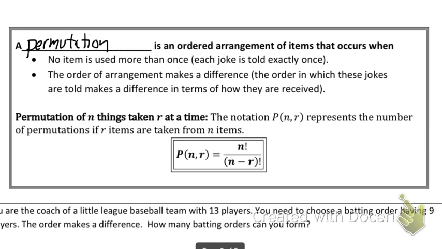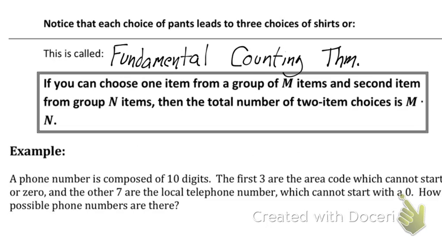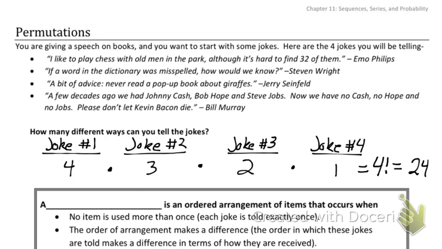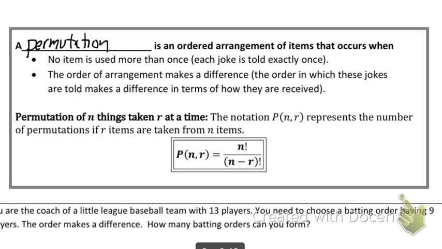All right, so the 2 things we covered today. We first did the fundamental counting principle, which is if you have a group of items and you're picking 1, and you have another group of items where you're picking 1, and another group of items that you're picking 1, you can multiply those choices together to come up with how many possible choices you have. On the flip side of it, we had permutations.